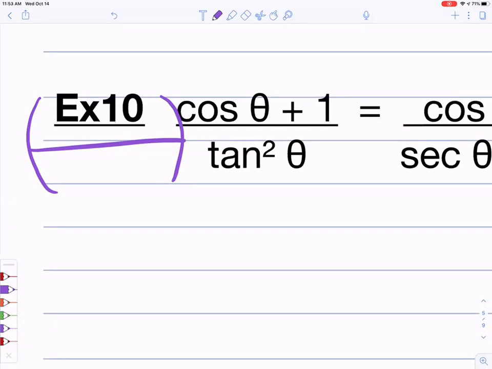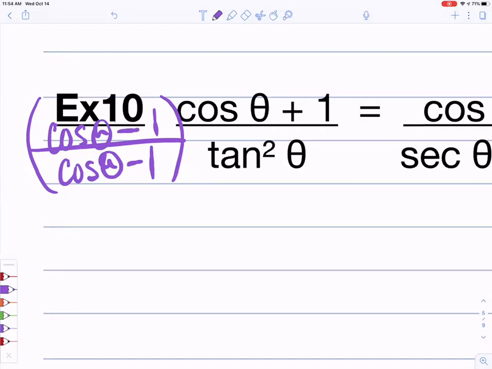Pos to neg, neg to pos, okay? And then we multiply by conjugates. So I'm going to multiply by the conjugate on top and on bottom. Cosine theta minus 1 over cosine theta minus 1. Now I want you to tell me, why is that legal? It's just equal to the value of 1. Okay, so it's legal for me to do that.